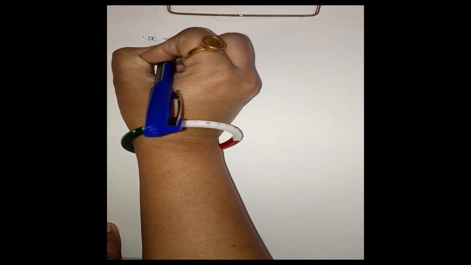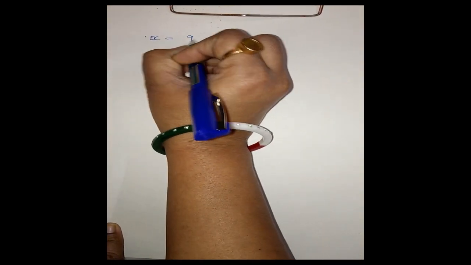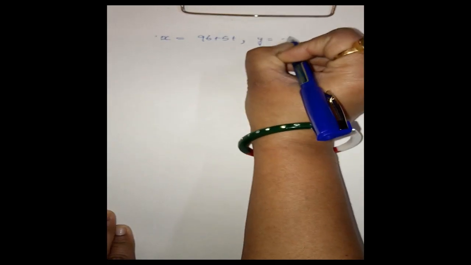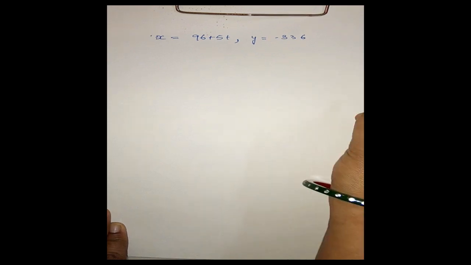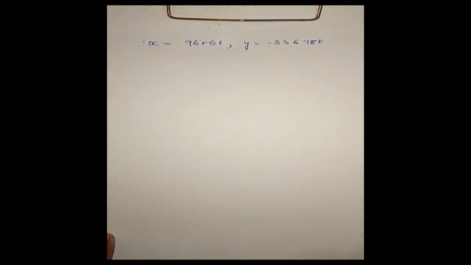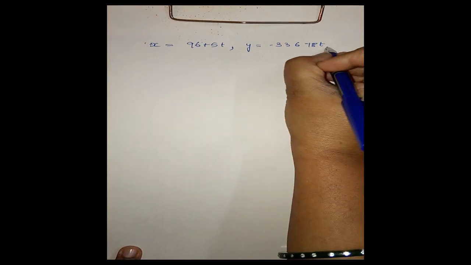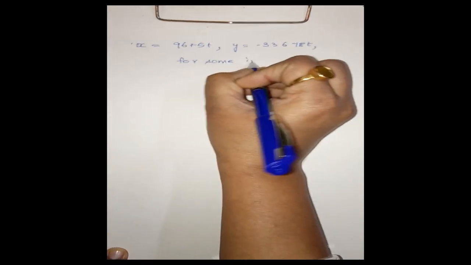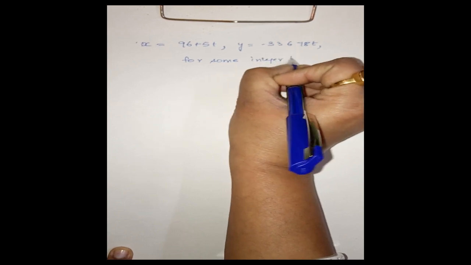I again write the values of x and y here. x is 96 plus 5t and y is minus 336 minus 18t, for some integer t. Clear?